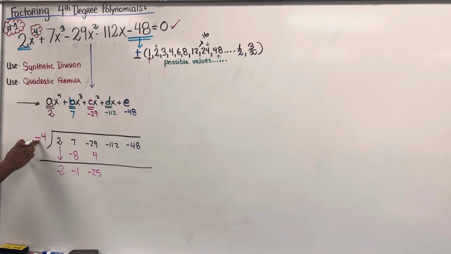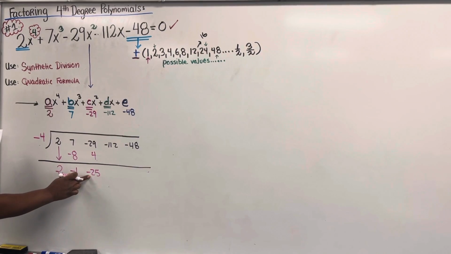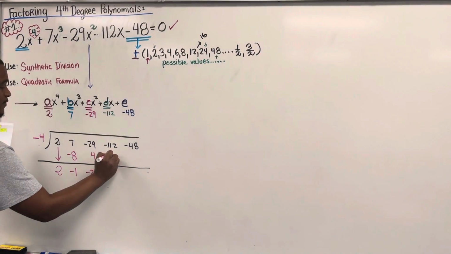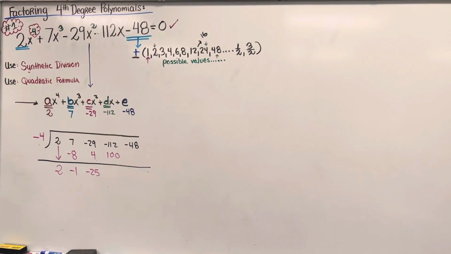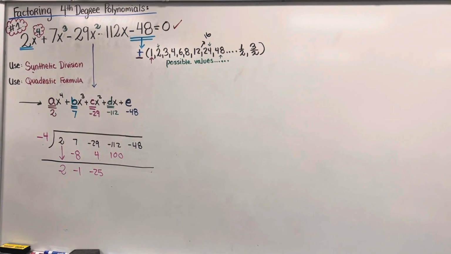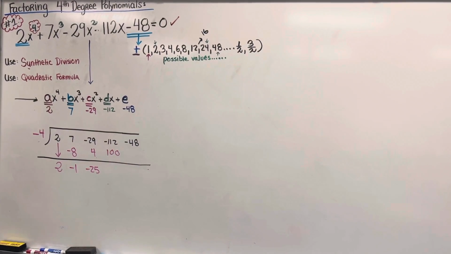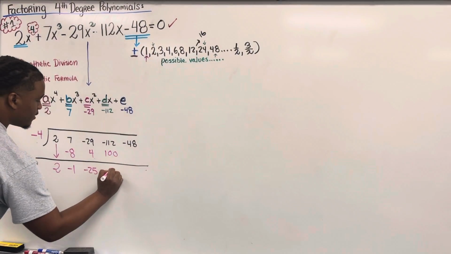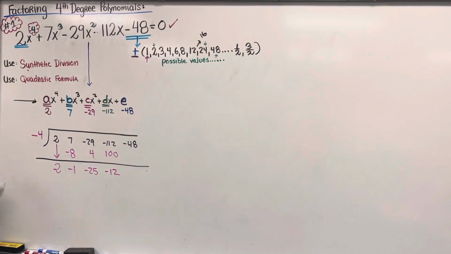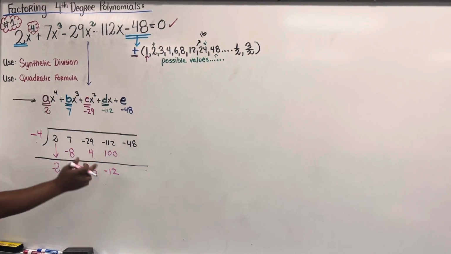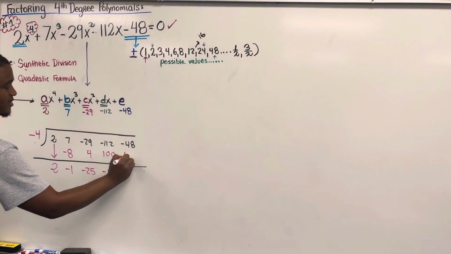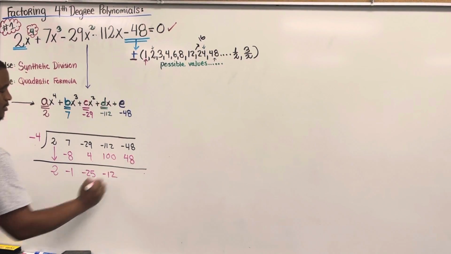Negative 4 times a negative 25 is a positive 100. Negative 112 plus a positive 100 equals a negative 12. And then a negative 4 times a negative 12 is a positive 48.